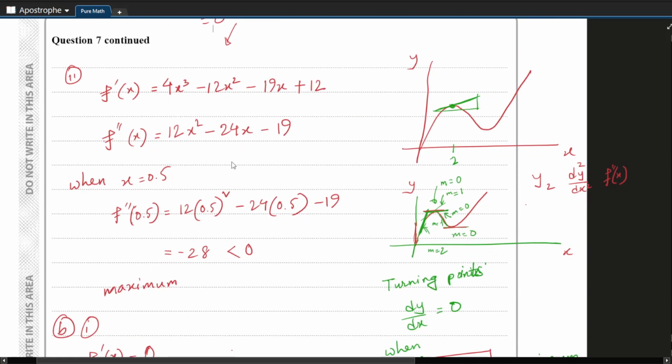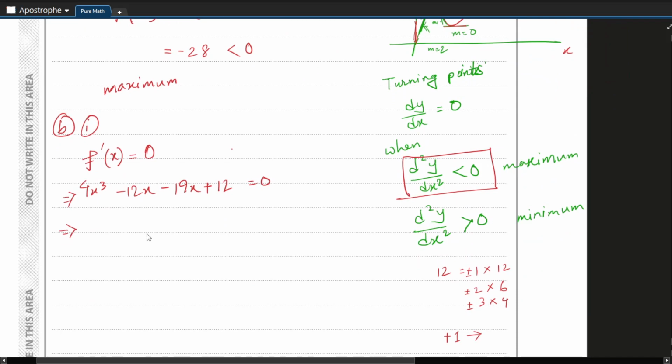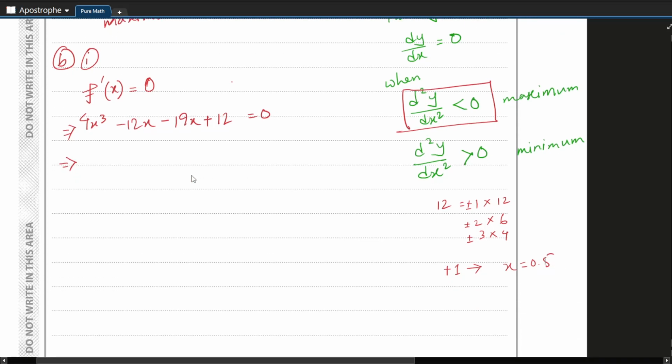For the turning points, we know that f prime of x is 0. We already know that, so we just have to take the clues from the question. We know one of the factors is x equals 0.5. That means x equals 1 over 2, then 2x equals 1, 2x minus 1 equals 0.